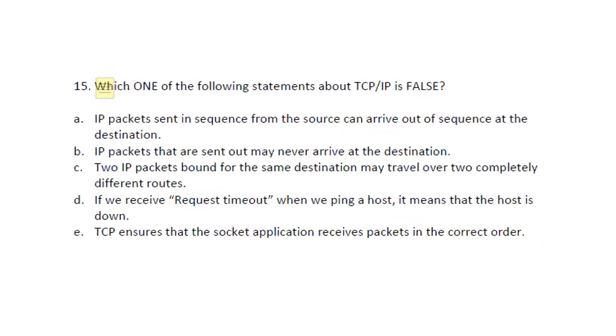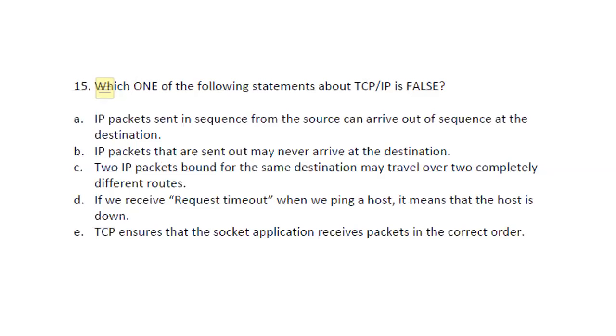The last question for this paper was, which of the following statements about TCP/IP is false? The first one, IP packets sent in sequence can arrive out of sequence at the destination.